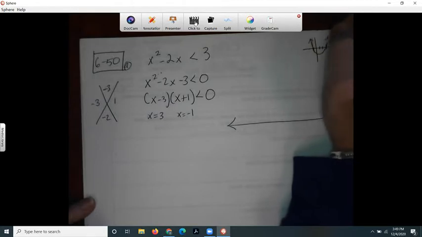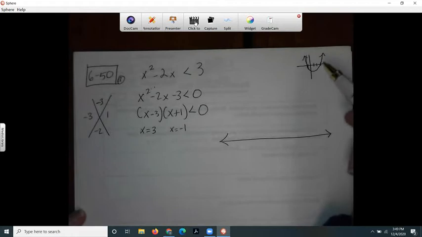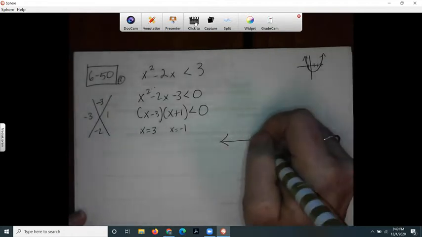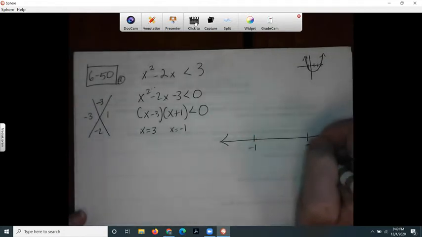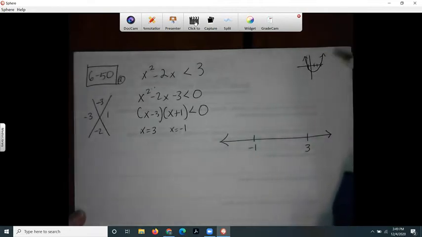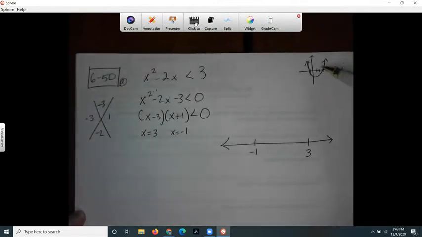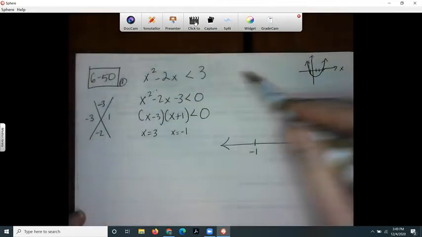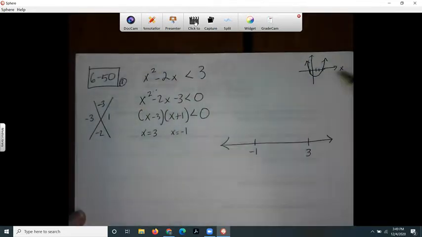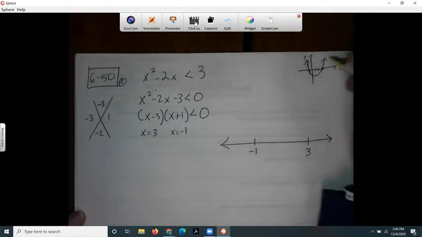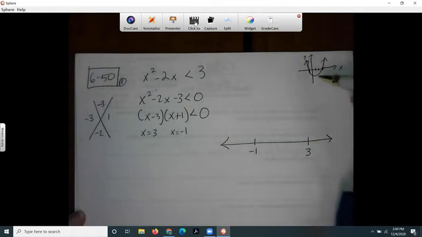The reason we call -1 and 3 split points is that the x-axis is where things change from positive to negative. Values are positive y values when I go above the x-axis, and negative y values when I go below it.